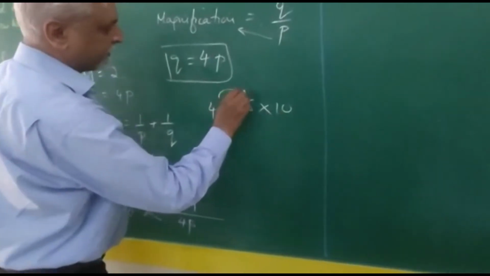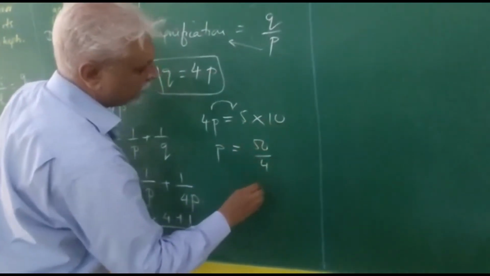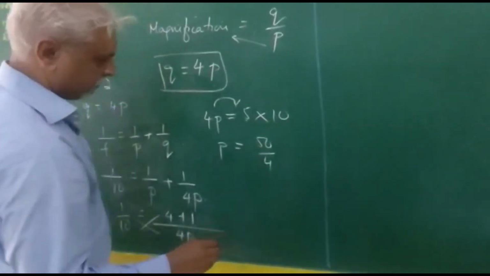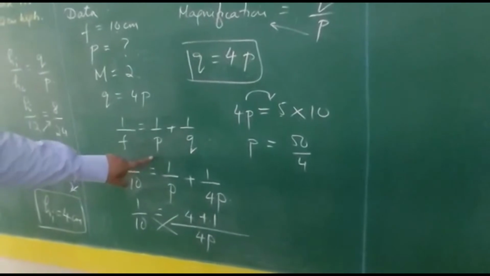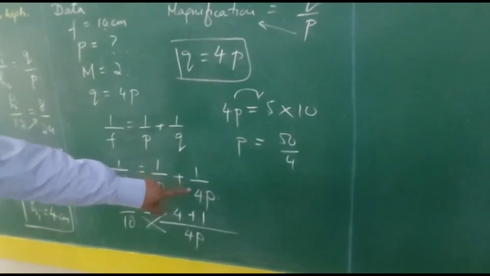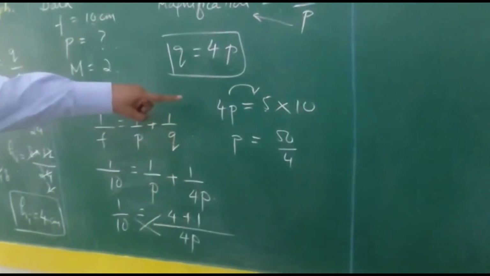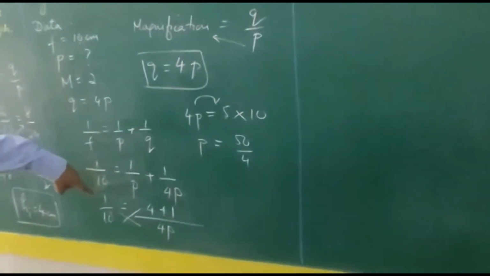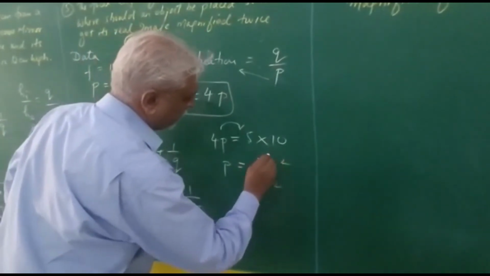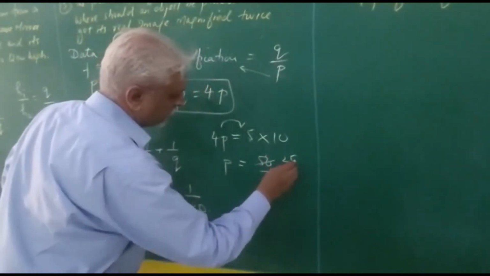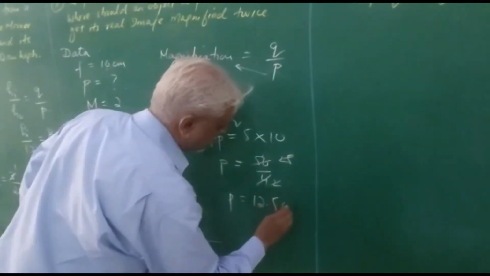Let's move 4 to the other side. So p is equal to 50 upon 4, which is 12.5 centimeters.